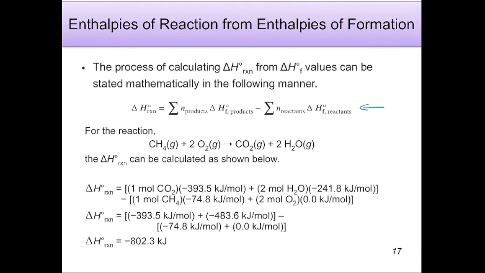So if we were to consider the same reaction on the previous slide, which is this one right here, since we know the delta H of formations for each of the reactants and products, we can write out this equation here, which, when we do the math, ends up giving us the same answer as we had in the previous slide. So I'm going to go over a quick example just to show you how this works.